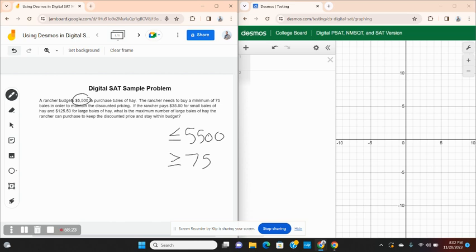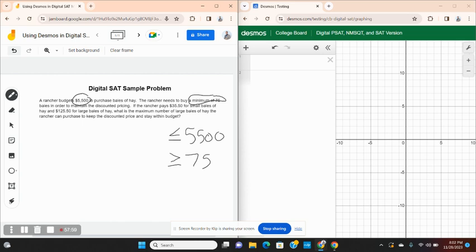So let's go ahead and read the next sentence. It says, if the rancher pays $35.50 for small bales of hay and $125.50 for large bales of hay, what is the maximum number of large bales of hay the rancher can purchase to keep the discounted price and stay within budget?